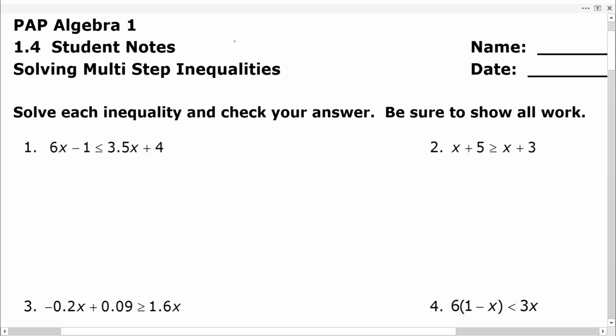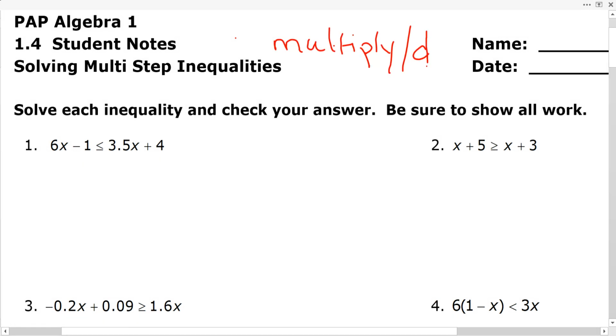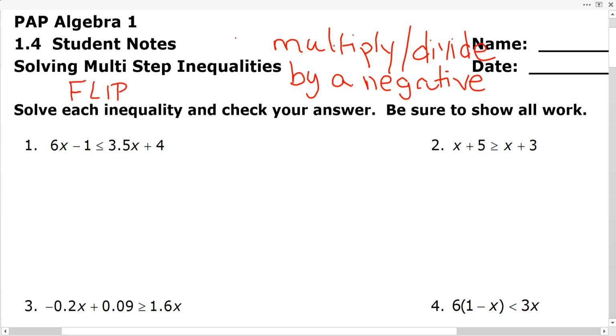Okay, student notes 1.4, solving multi-step inequalities. Before you start solving your inequalities, the main important thing you have to remember is when you multiply or divide by a negative, you have to flip the inequality.